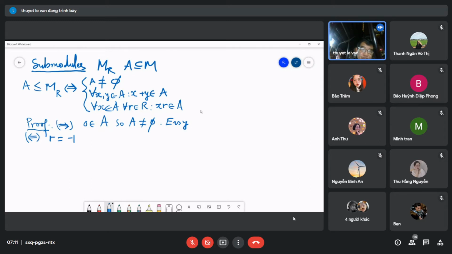In the first section, we proved that x times (-r) is equal to -(xr), and then minus x is in A. And then this condition, the second condition and the third condition will follow that A with plus is a subgroup.